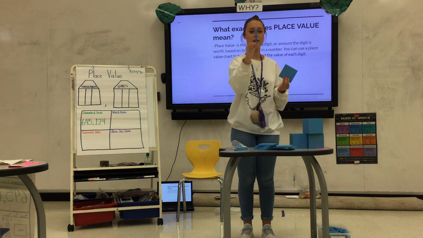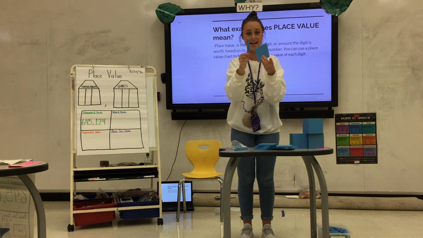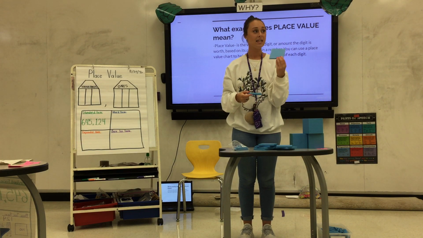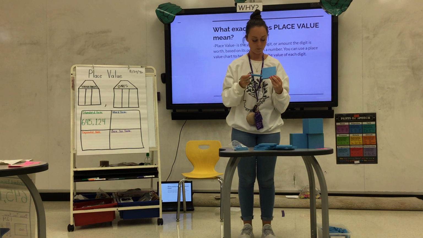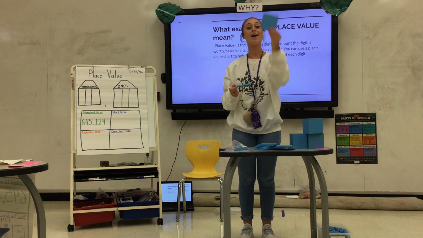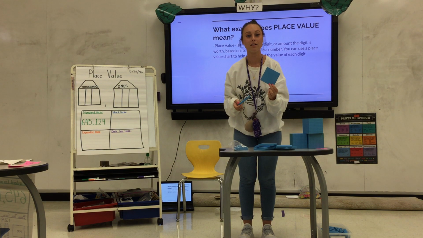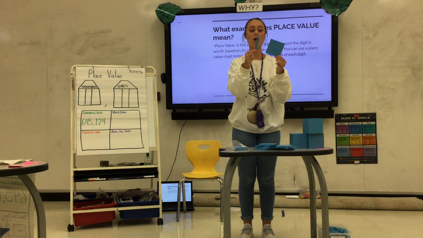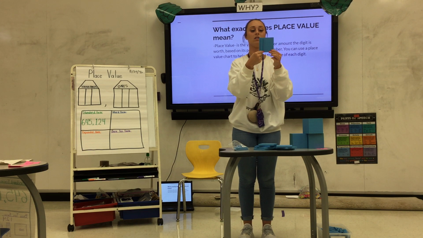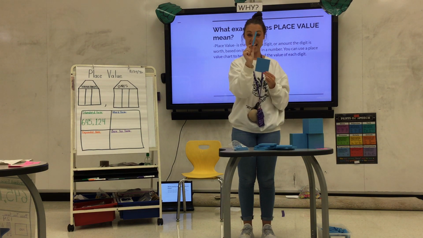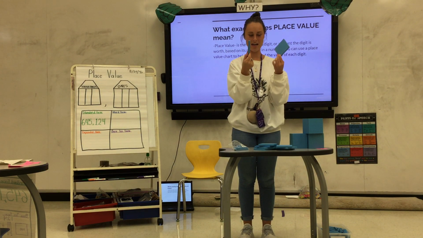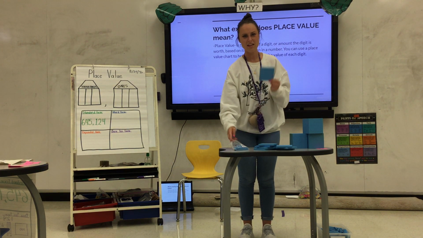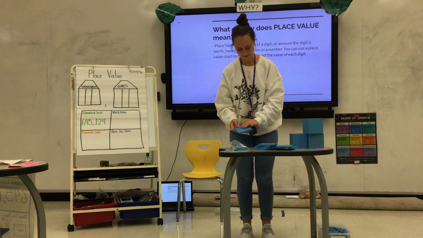This is one group of 10. And this is one group of, and if I count all of these, one group of 100. Okay? So I could either say one group of 100, or I could say 1, 2, 3, 4, 5, 6, 7, 8, 9, 10. 10 groups of 10. Let me show you a little bit more what I'm talking about.